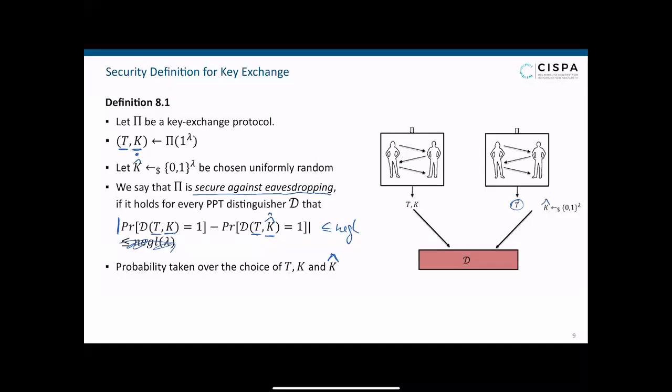So there's another comment on the chat. This looks like a PRF where T is the key and K is the result. Sort of, T is not the key, it couldn't be something like the key because you're getting T in the clear.